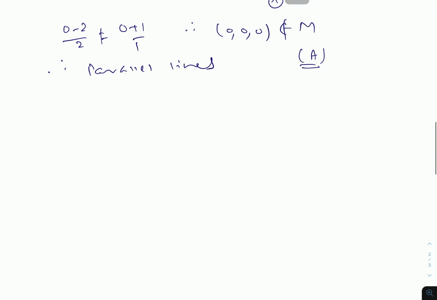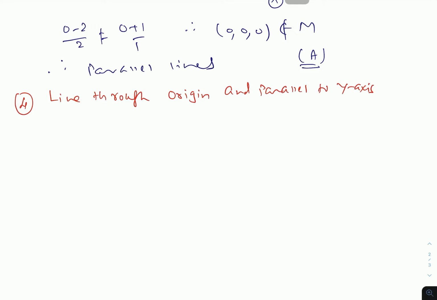Okay, next let us see: a line through the origin and parallel to the y-axis is blank.